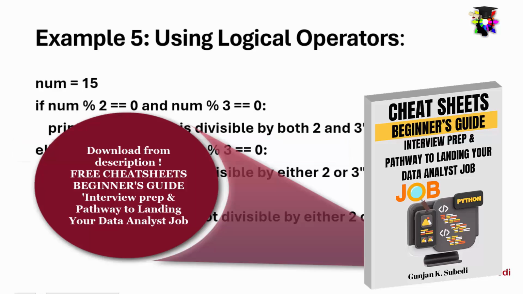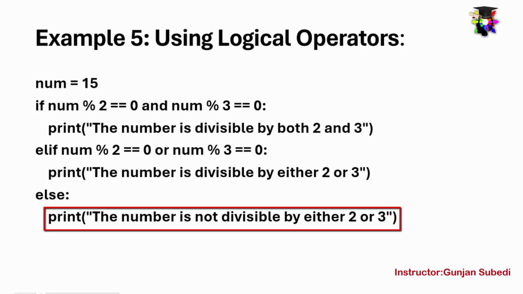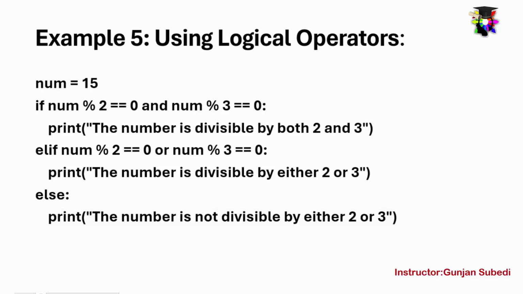If either of these conditions is true or both, it prints the number is divisible by either 2 or 3. Else, if none of the above conditions are met, it means the num is not divisible by either 2 or 3. Therefore, it executes this block of code. It prints the number is not divisible by either 2 or 3.